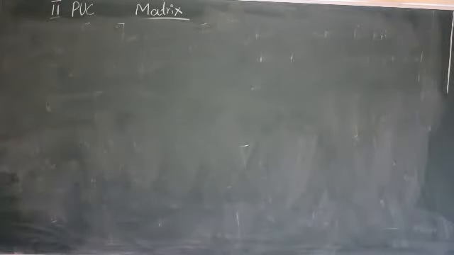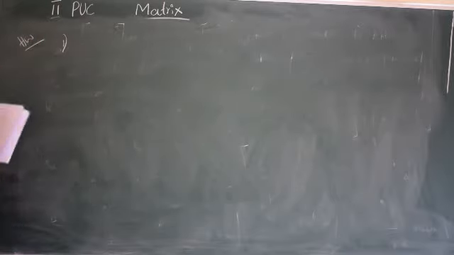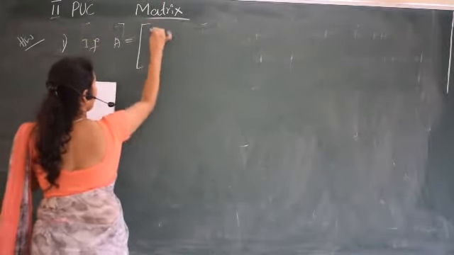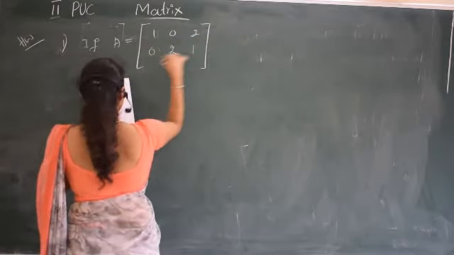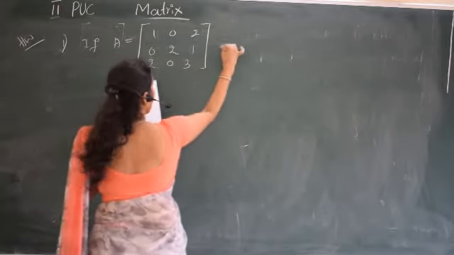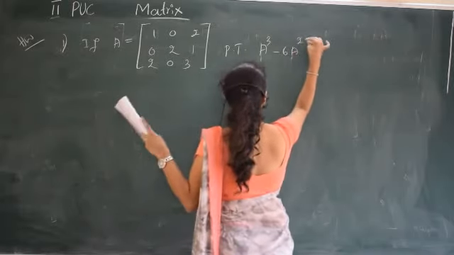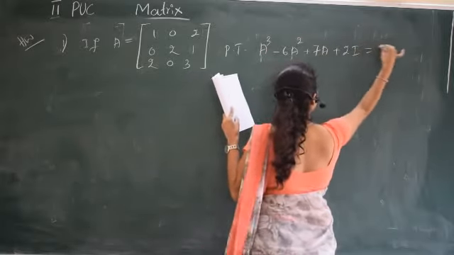Before that, I'll give one homework problem. Homework: the first problem is, if A is equal to the matrix 1, 0, 2, 0, 2, 1, 2, 0, 3, prove that A cube minus 6A square plus 7A plus 2I is equal to 0.